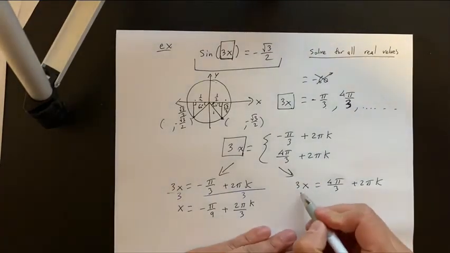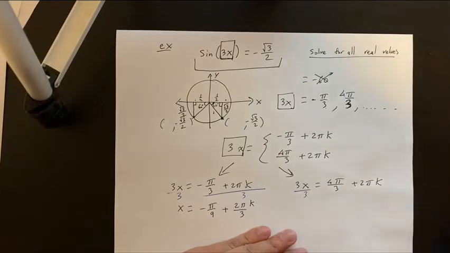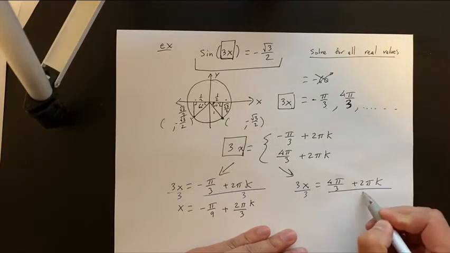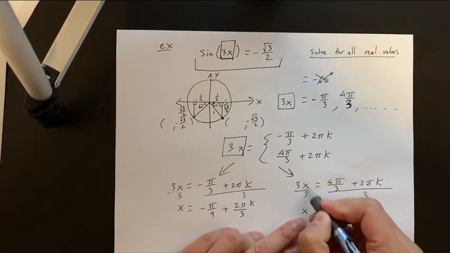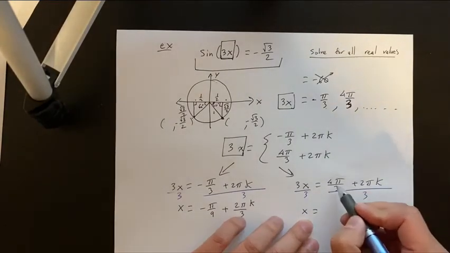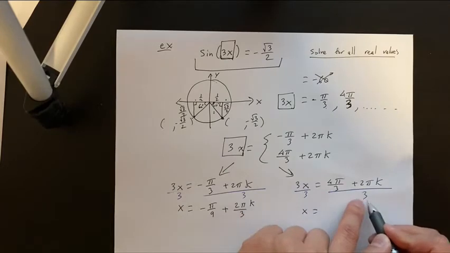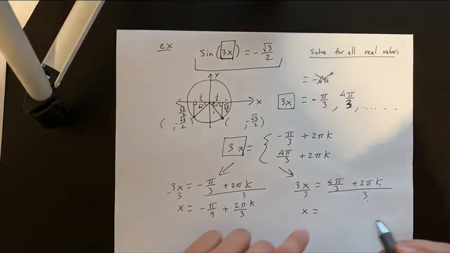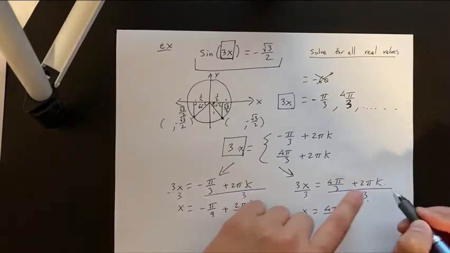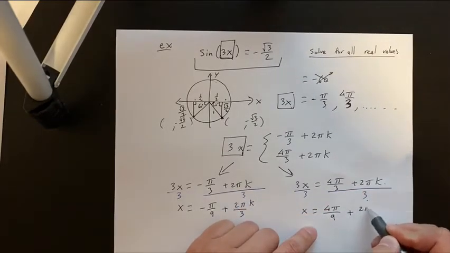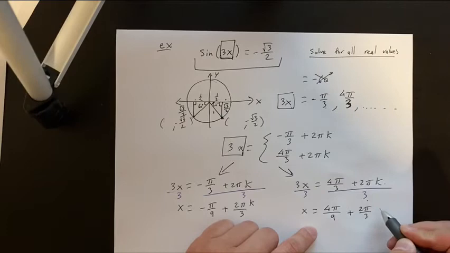Same thing for the second equation. The left side is divided by 3. The right side is divided by 3. So that's going to give me just x for the left side, and for the right side, it's this first guy divided by 3 and the second guy divided by 3. And that's going to give me a 4 pi over 9 plus 2 pi k over 3. Okay.